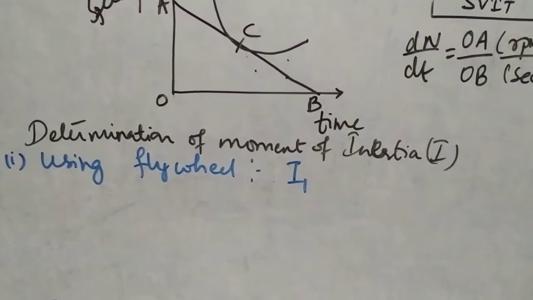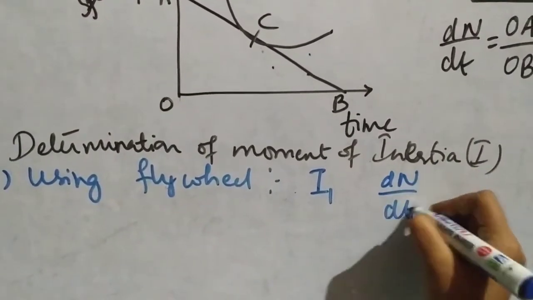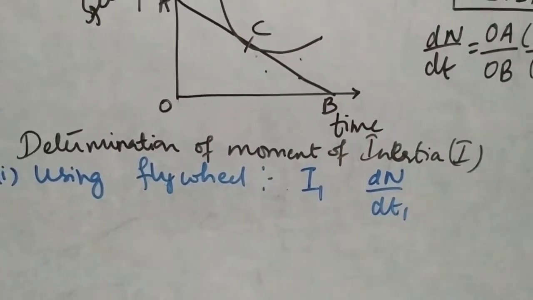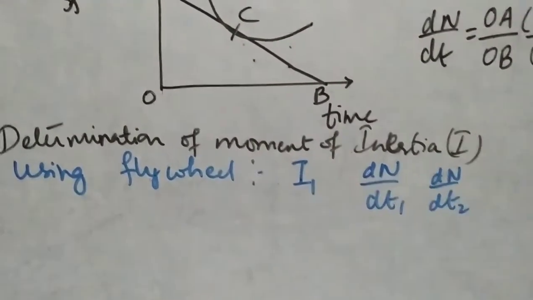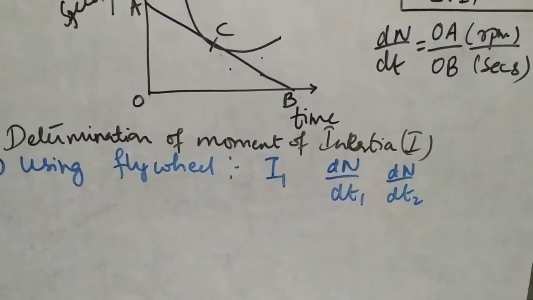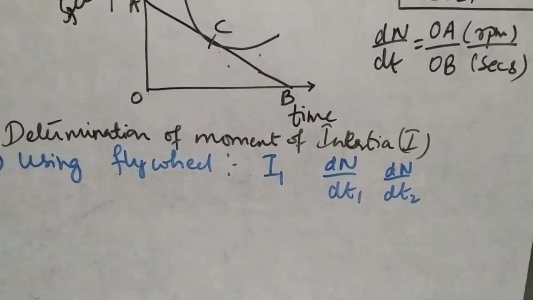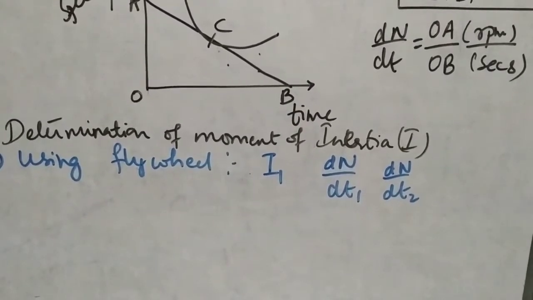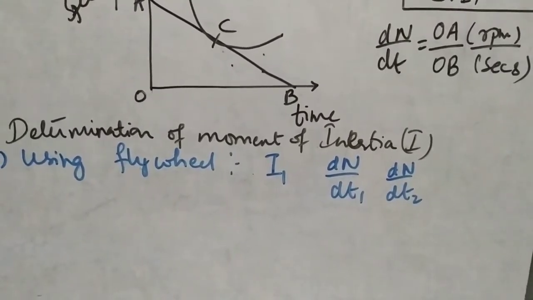For any given speed, let me take dN by dt1 and dN by dt2, the rates of change determined as in the previous case. The losses in both cases are almost the same, as the addition of the flywheel does not make much difference to the losses.